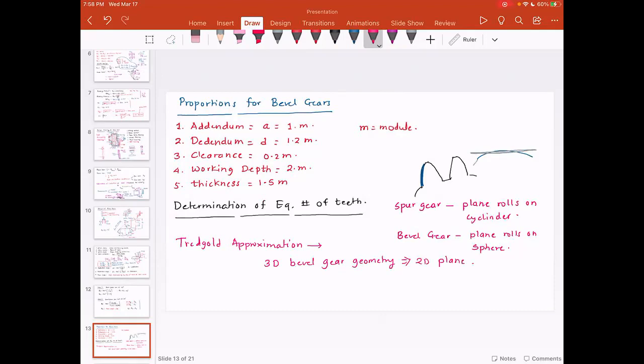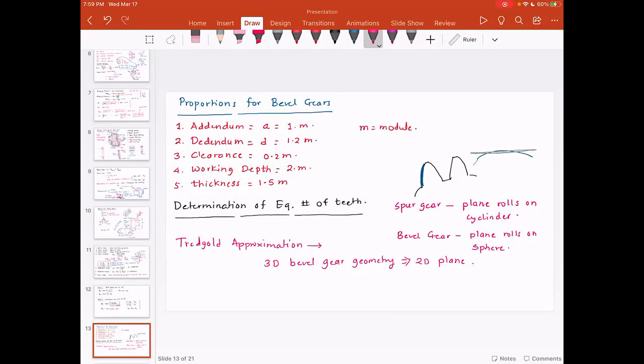And what it does, it depends upon the fact that if you have a tangent cone that is rolling tangentially on the sphere, then it will be the approximate spherical trace at the pitch point.